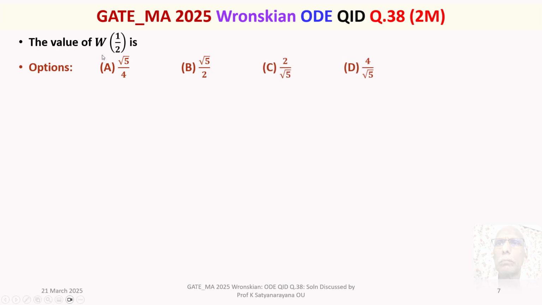We want to find the value of the Wronskian at 1 by 2. We are given 4 options.